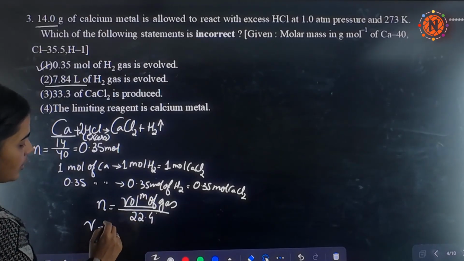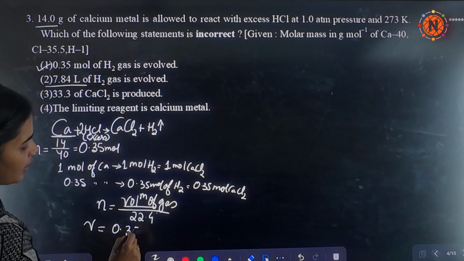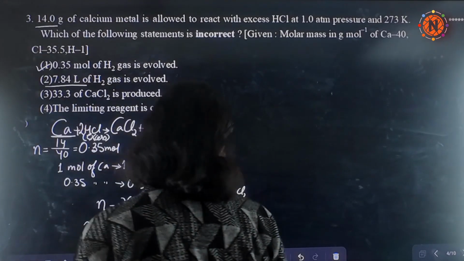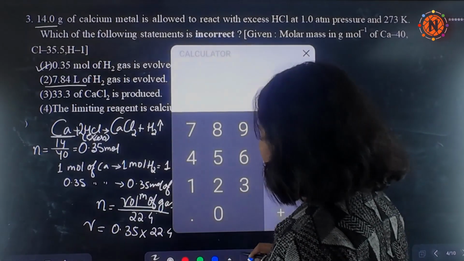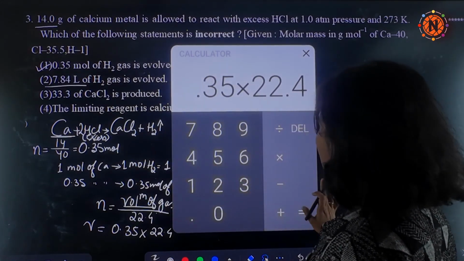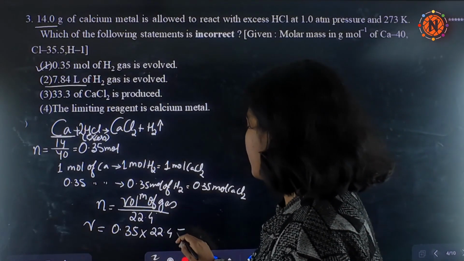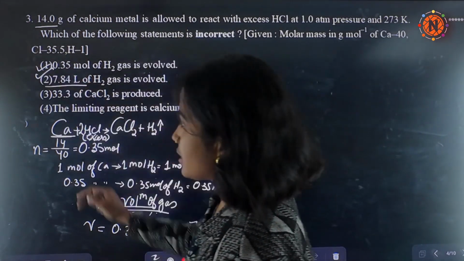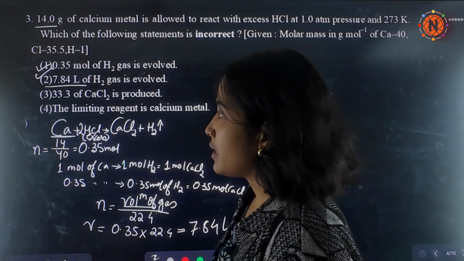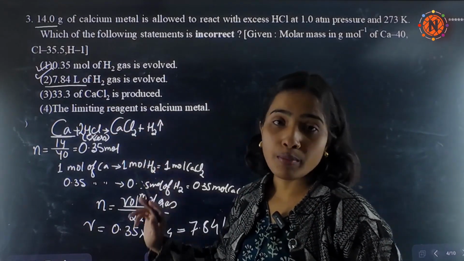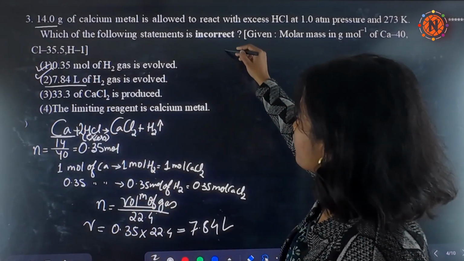So n is given to us, this 0.35, into 22.4, which is equal to 7.84 liter. So our option number 2 is also correct. Moving to option number 3, it is said that 33.3 gram of calcium chloride should be produced. So let us find out.